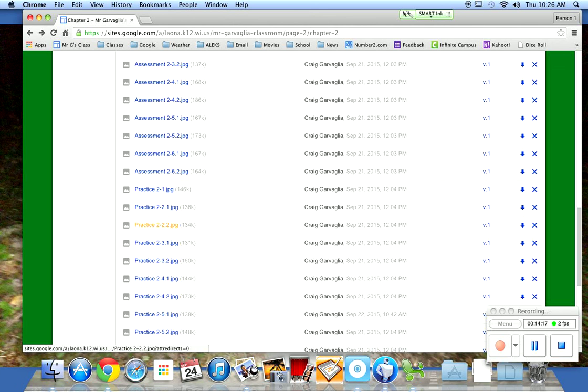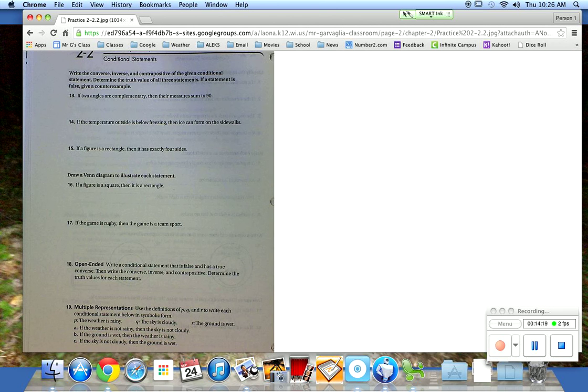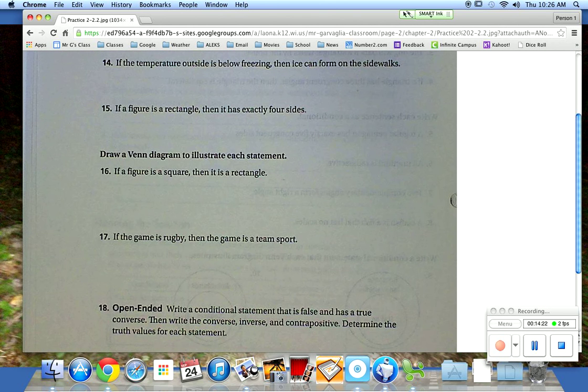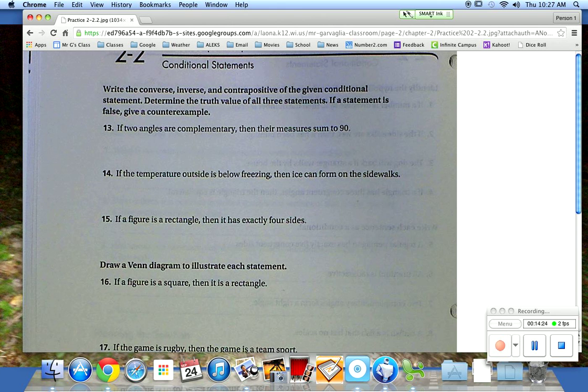What do we got on the back page of this? Converse, inverse. Contrapositive. So identify the hypothesis and conclusion. We'll take a look at the assignment. I'm not going to get into contrapositive.